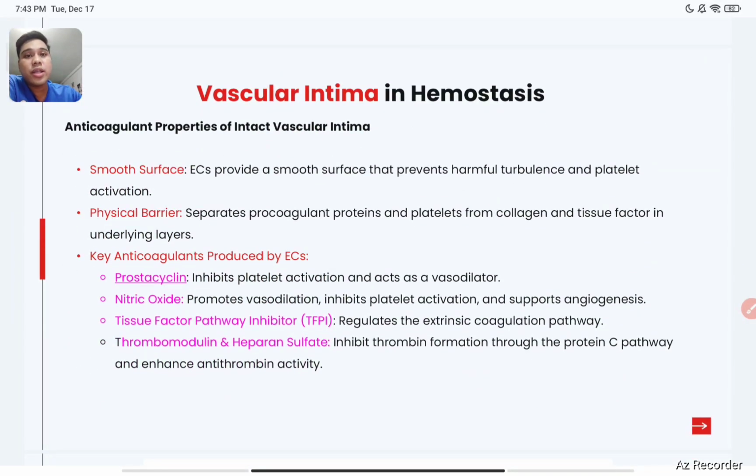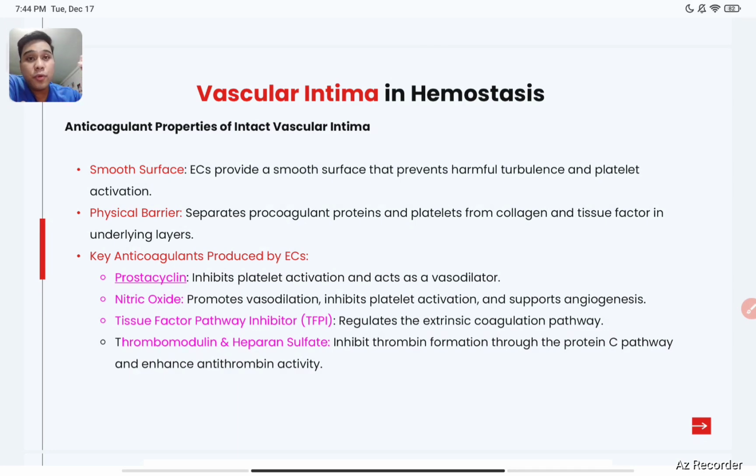So the anticoagulant properties of your intact vascular intima, you have your smooth surface. So the endothelial cells provide a smooth surface that prevents harmful turbulence and platelet activation. As we have learned in the previous lectures, diba, we have a constant shear stress na nandyan sa blood vessel natin.